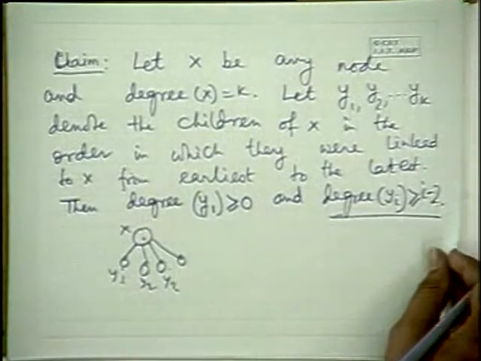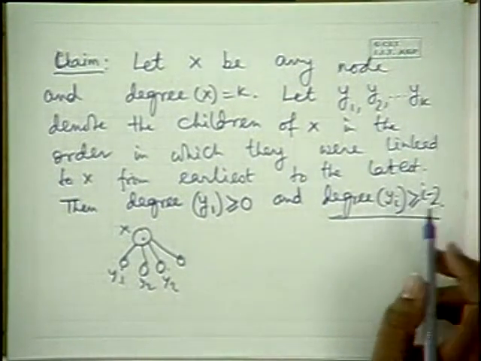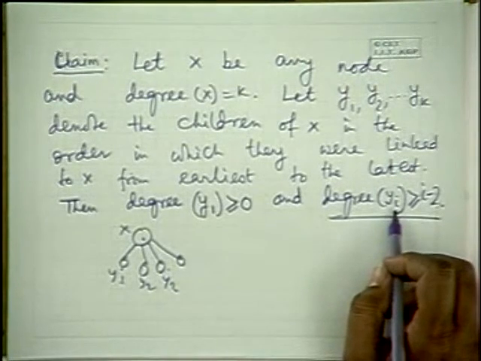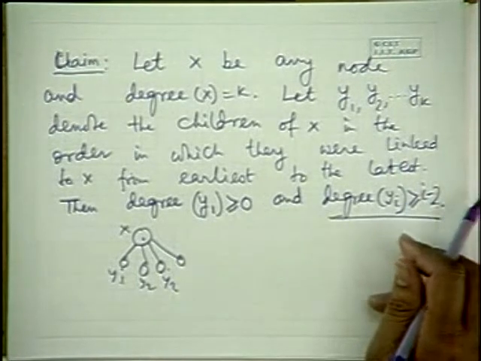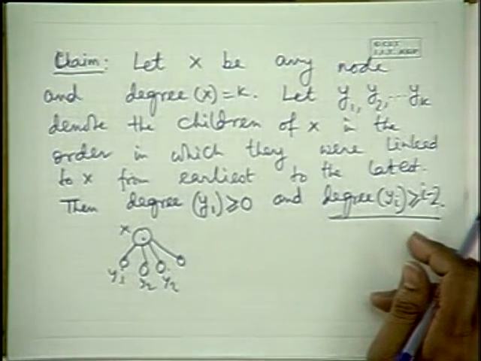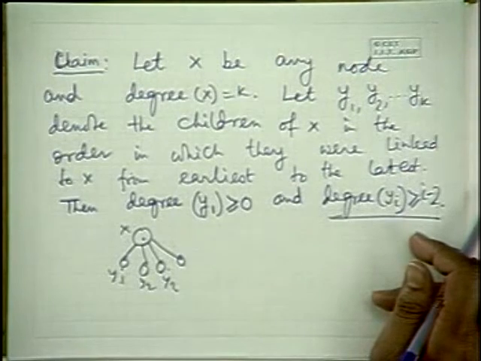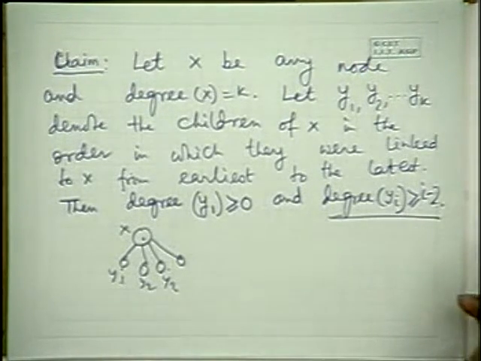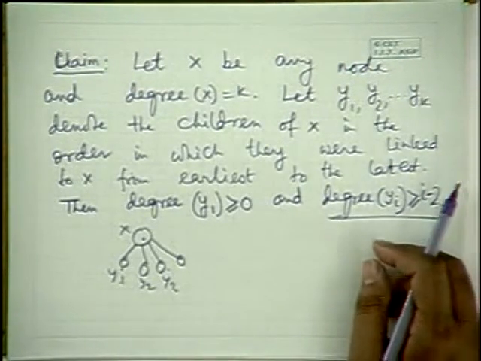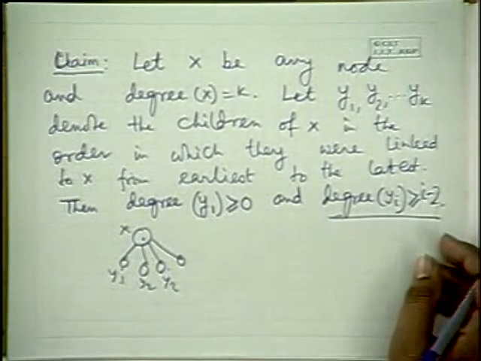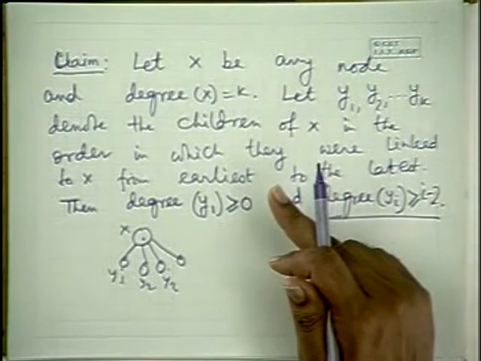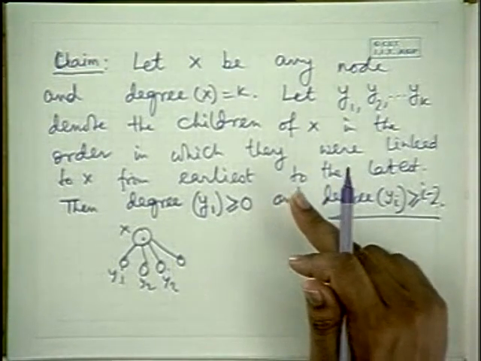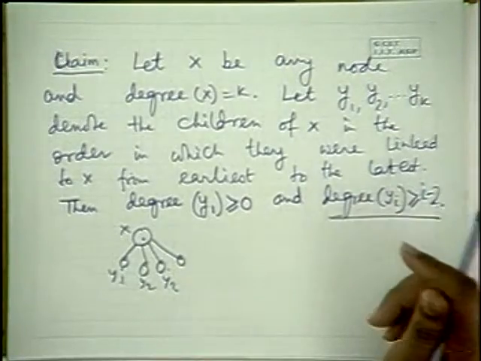So the proof of this is, before yi became the child of X, X had at least i minus 1 children, because yi you are taking. So that means yi must have had i minus 1 children at least when yi was joined to X. So yi had i minus 1 children and we allowed one child to be lost after that.